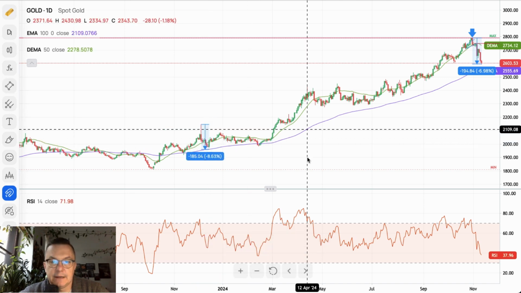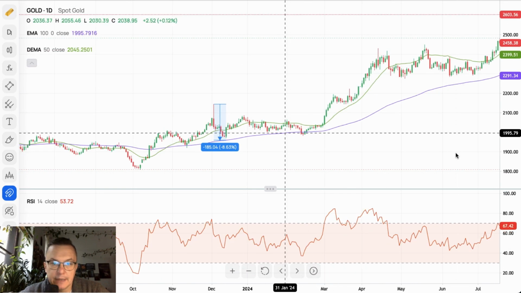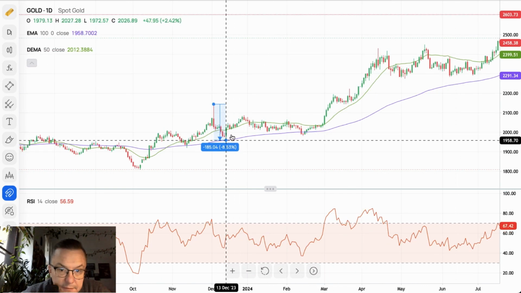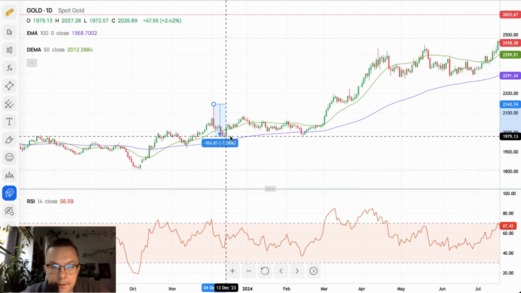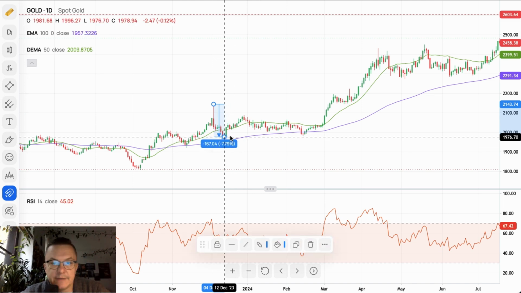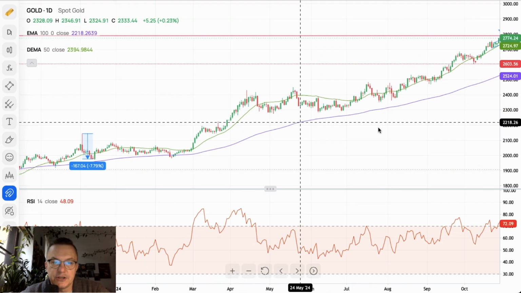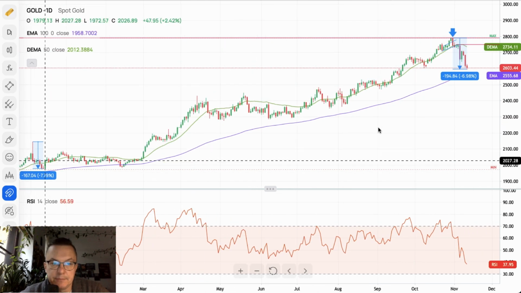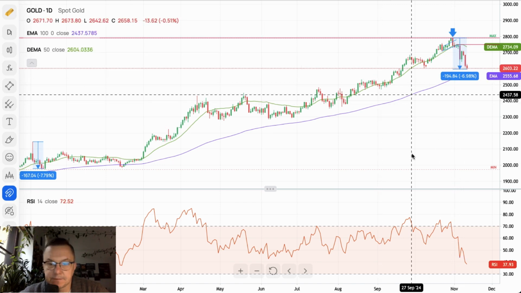Yes, this one is like an 8. That's even 8%. So there are bigger corrections. Let me just make it a little bit more. There you go, 779. That's the exact level. So it's not that bad just yet. We had bigger corrections here than this 7%.